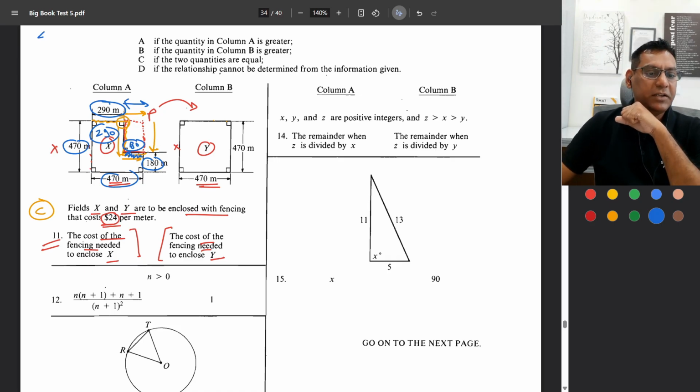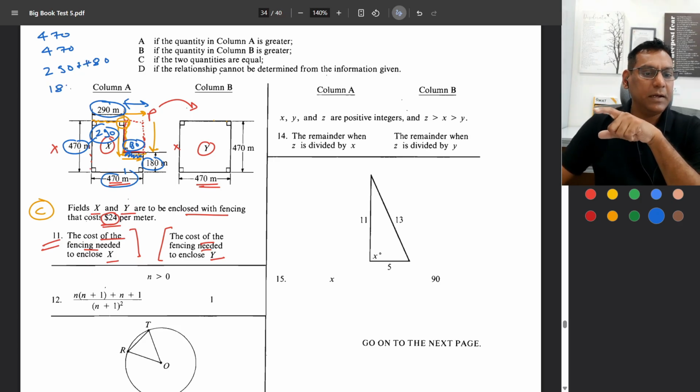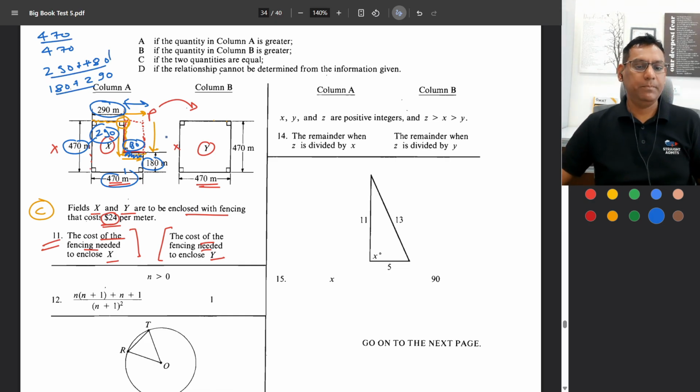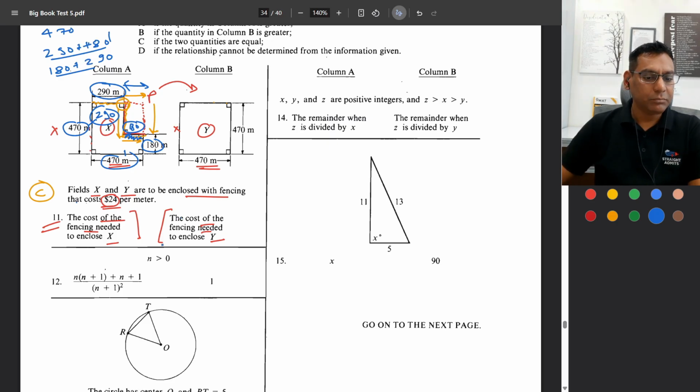So what you will essentially end up doing is 470 plus 470 for these two sides, and then for one side you will do 290 plus 180, and for the other side you will do 180 plus 290. Basically you're doing the same thing, 4 times 470, because both of these will come out to be 270 each, right? So without understanding the logic also, math wise you can do it, but it's much easier this way because you'll not spend a lot of time doing that calculation.